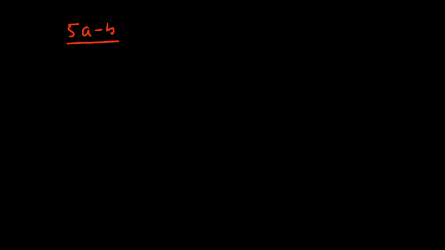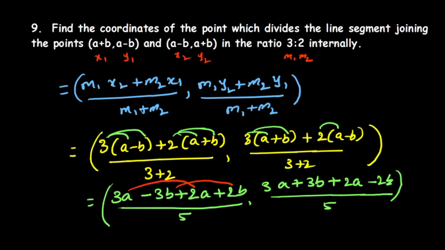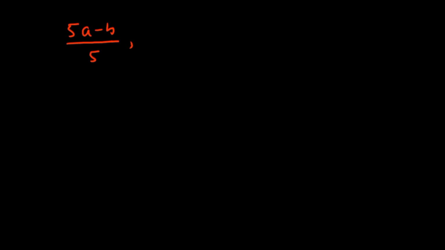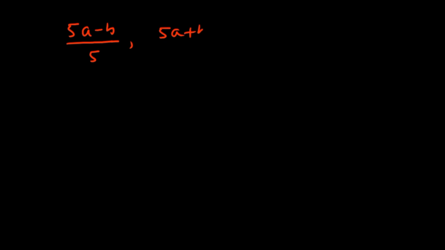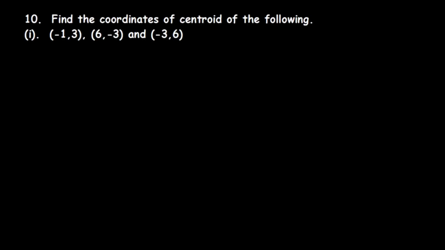So this is 3 plus 2 which is equal to 5, and another one here 3a plus 2a is equal to 5a, and 3b minus 2b is equal to plus b, divided by 5. So this is the answer for this question. It's a very easy problem. And the last question of the exercise: find the coordinate of the centroid of the following. So another way the question can ask is, find the intersecting point of the medians of a triangle.